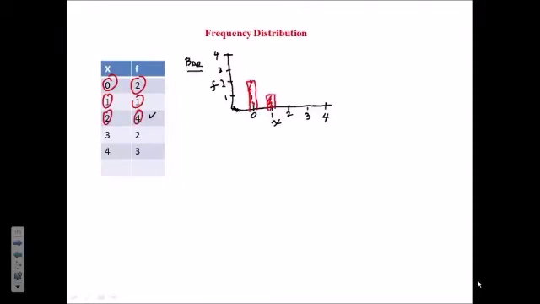From 2, go to a height of 4, make a bar. 3, 2. From 3, go to a height of 2, make a bar. And 4, 3. From 4, go to a height of 3, make a bar. Something like that would be a bar graph.